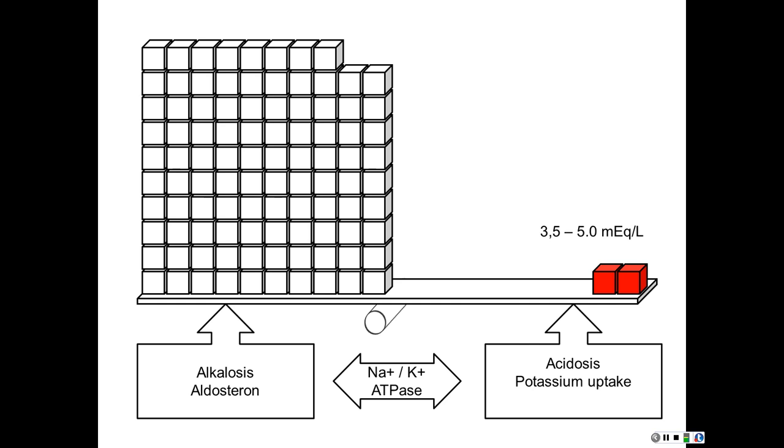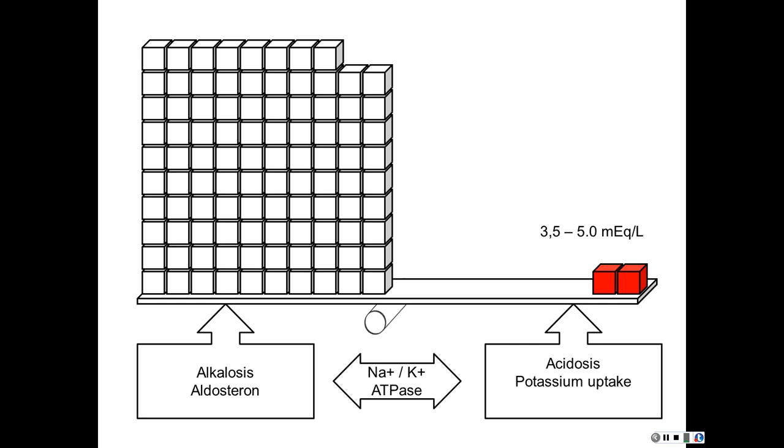Horst was talking about the amount of potassium in the body. So on the left-hand side is the amount of potassium intracellularly versus extracellularly being handled by the sodium potassium ATPase, maintaining that.